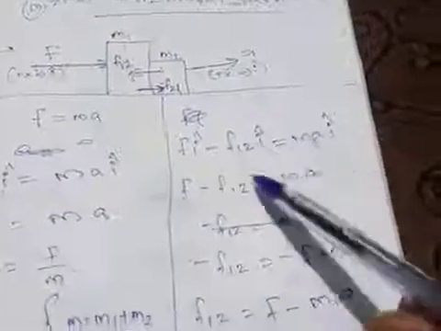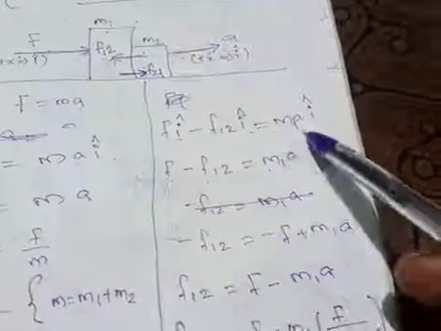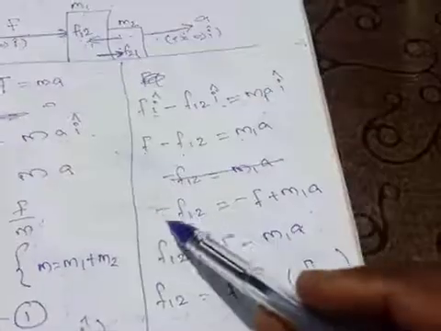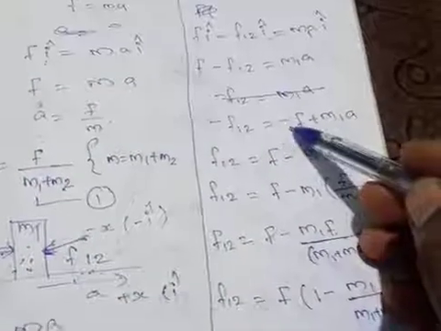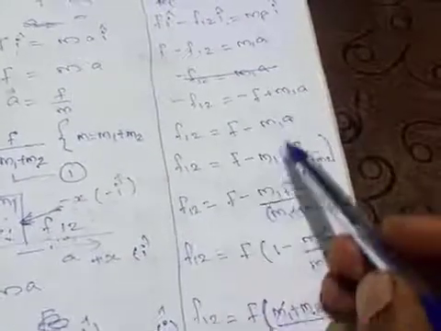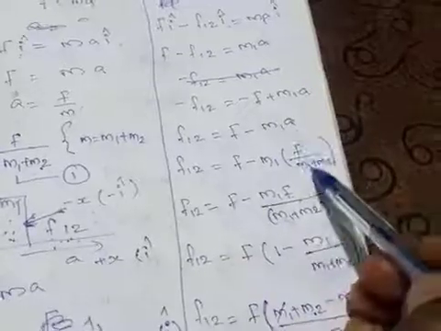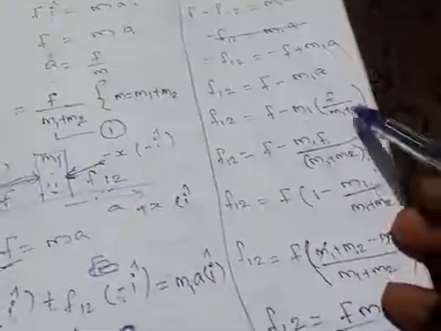Now we compare the components, removing all I, and write the same equation. Then finding minus F12, we multiply by minus, so the minus comes inside. Next step, instead of A we apply this value F by m1 plus m2.